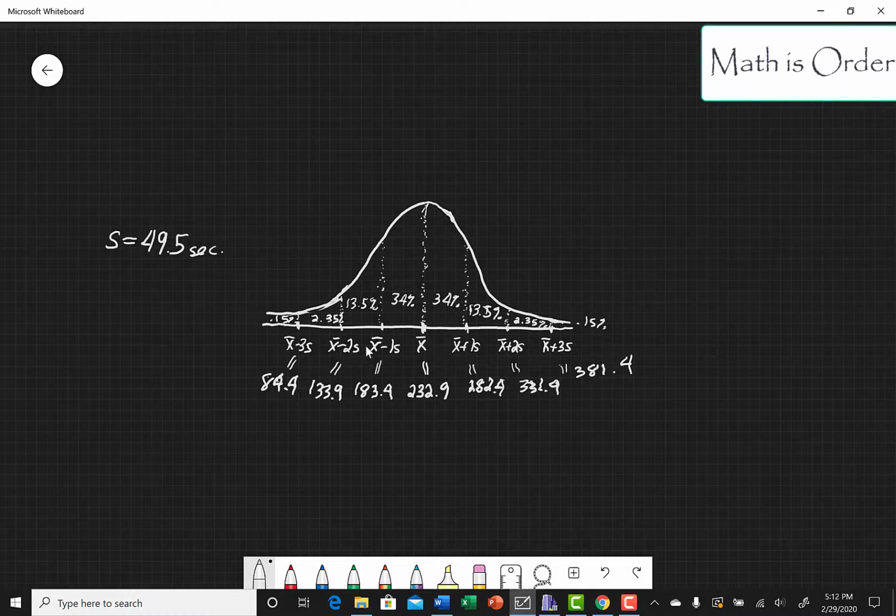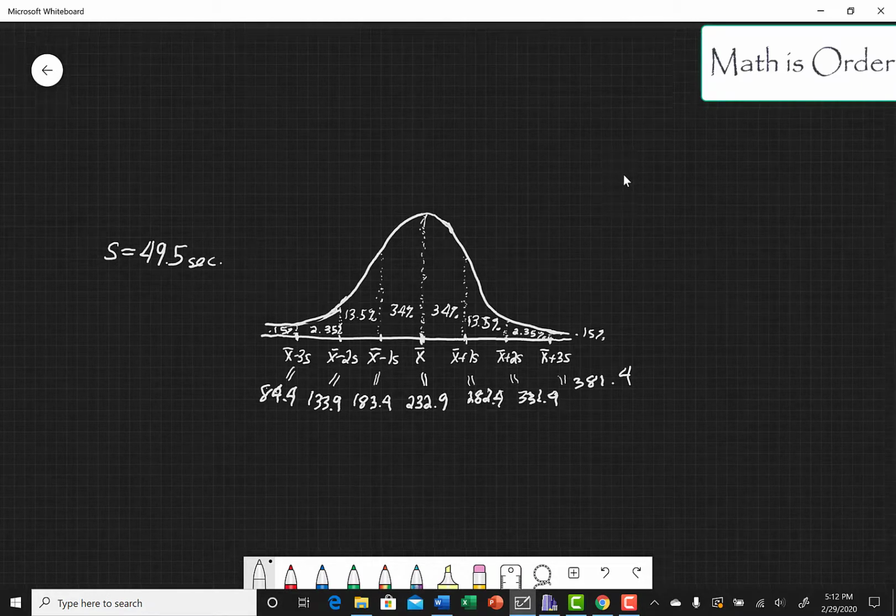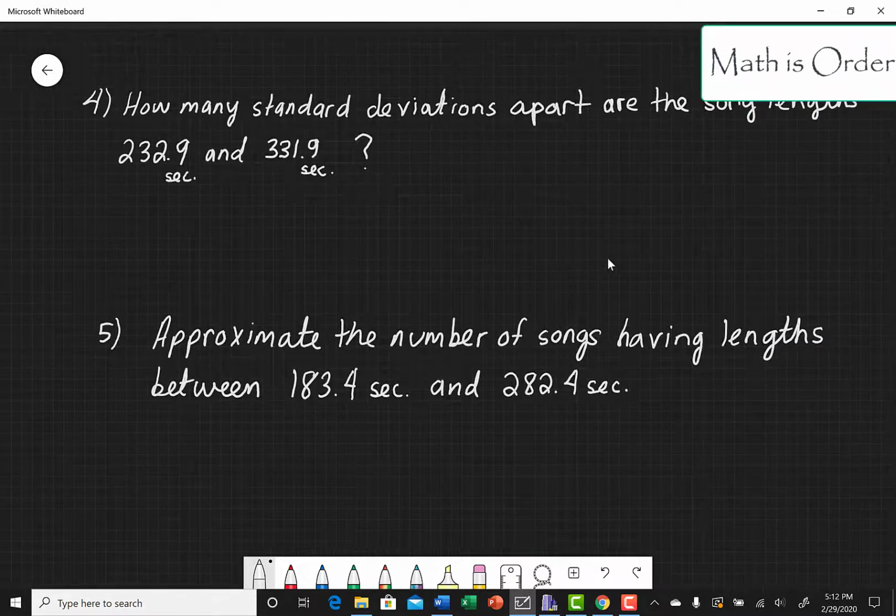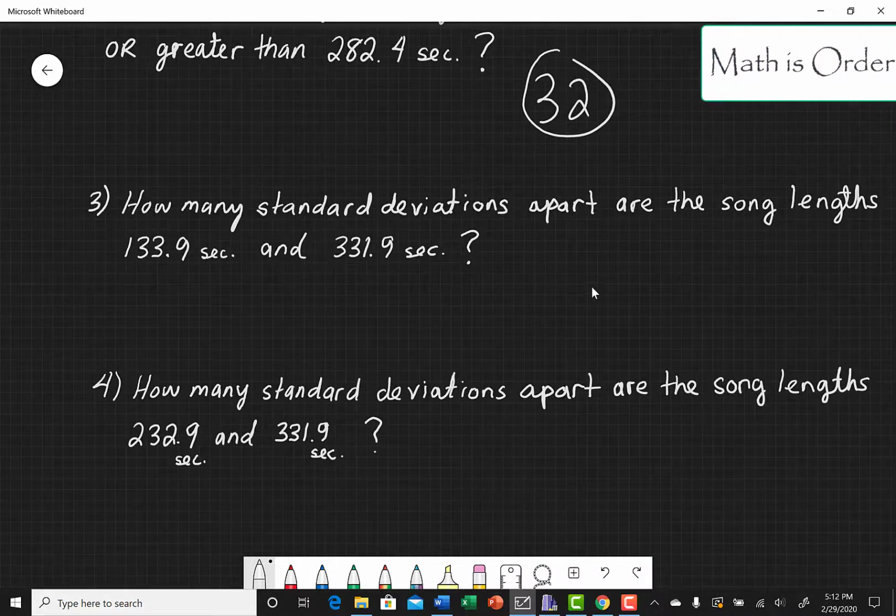You can see we go 1 standard deviation, 2 standard deviations, 3 standard deviations, 4 standard deviations. So it looks like 4 standard deviations apart.